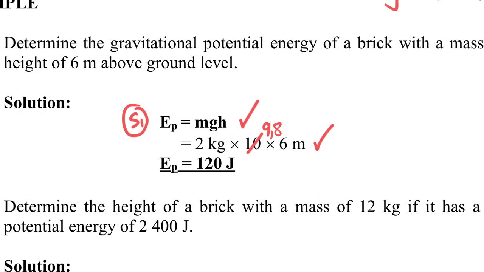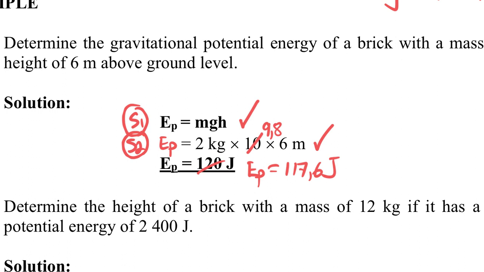So step number 2 is going to be the substitution step, where the potential energy is equal to 2 kilograms times 9,8 newtons per kilogram times 6 meters. So that gives us an answer of potential energy is equal to 117,6 joules.